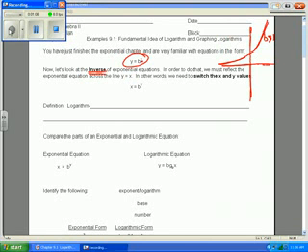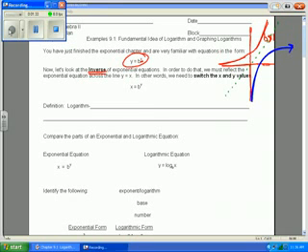If we take a look at this exponential function and see what its inverse looks like, our inverse is going to be reflected across the line y equals x. When we reflect it across that line, we get something that looks like this. This is our reflection, our inverse of an exponential function.